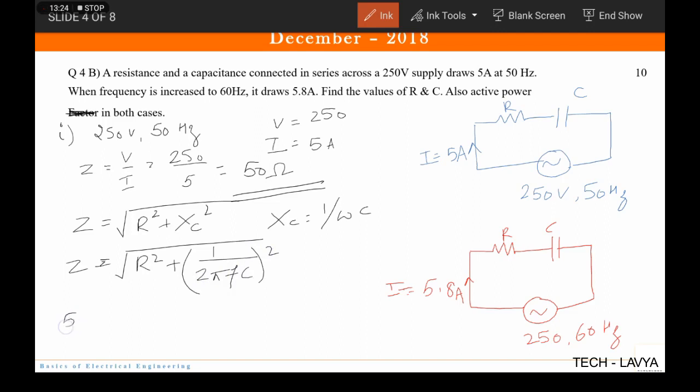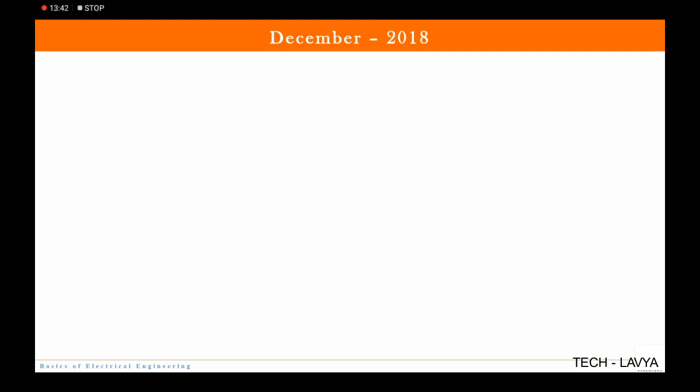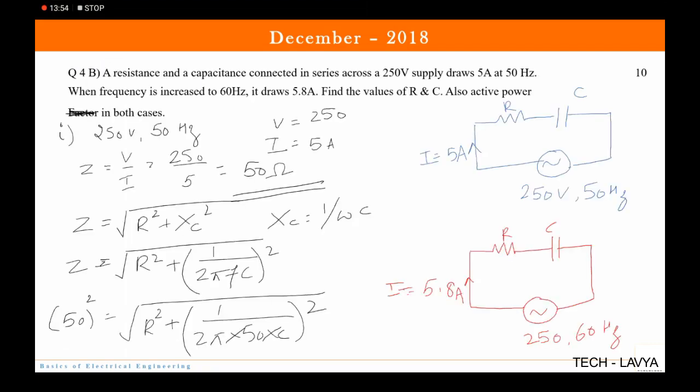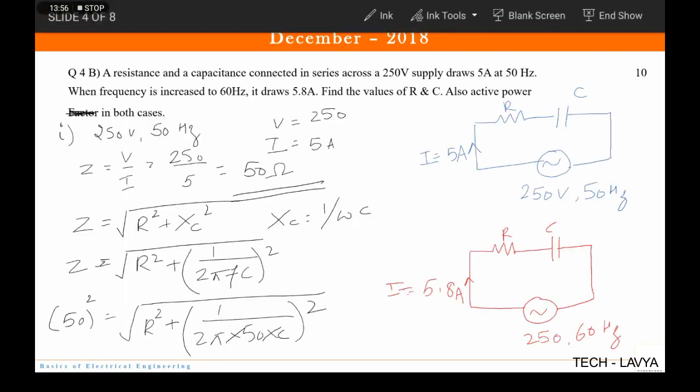Correct? Z came out to be 50. R squared plus 1 upon 2 pi into 50 into C, this whole squared. Correct? So my equation comes out to be 2500 is equal to, wait, I forgot to remove this root sign.